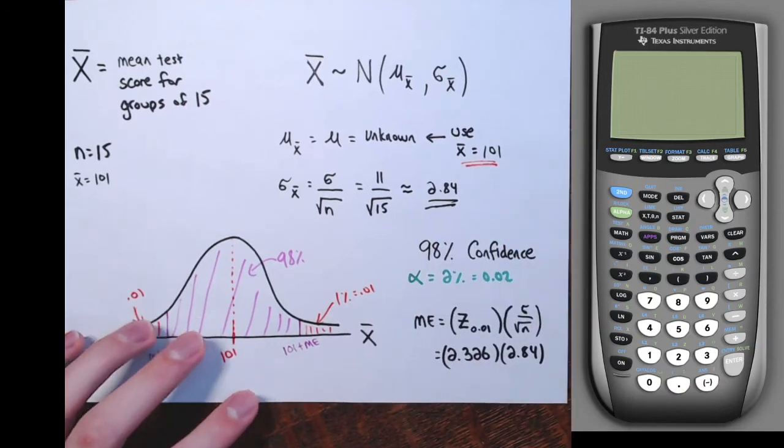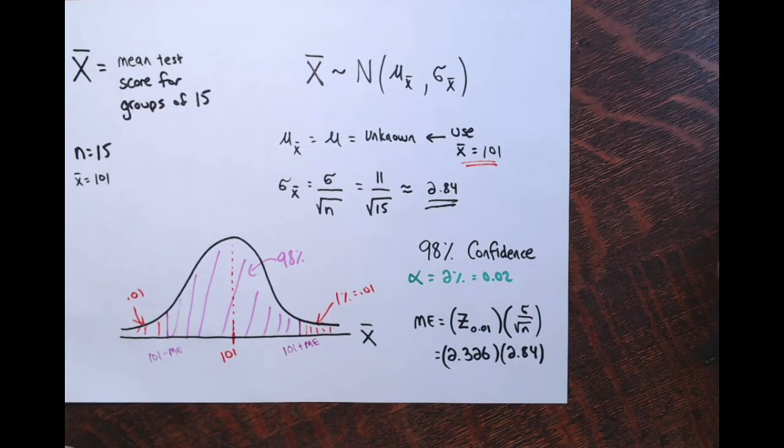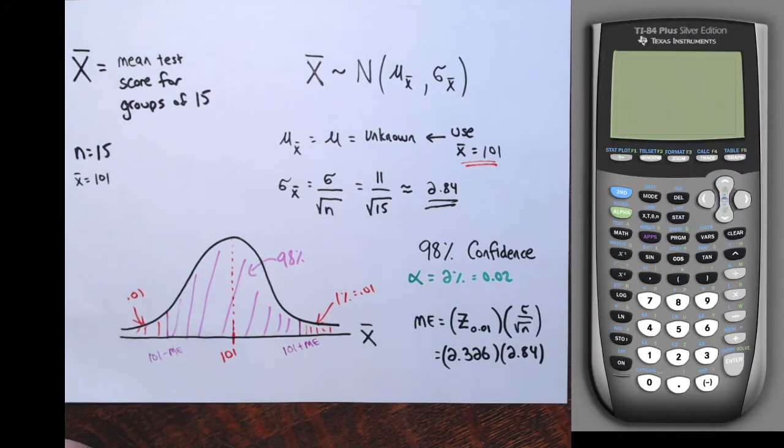Well, I'm just going to go to the calculator. Now the 2.84 that's already on the screen, 2.840187787, that's the standard deviation already. So I'm just going to go 2.326 times that answer.